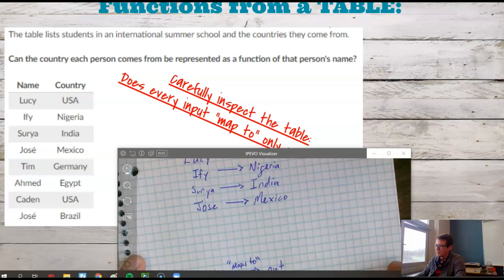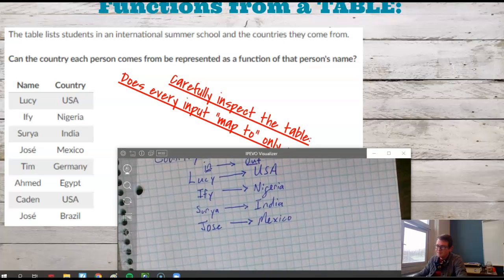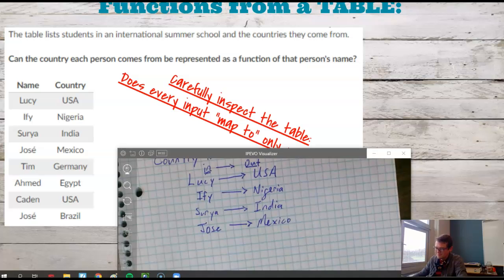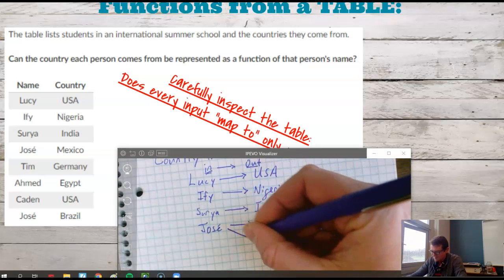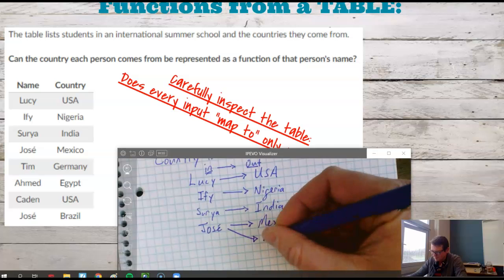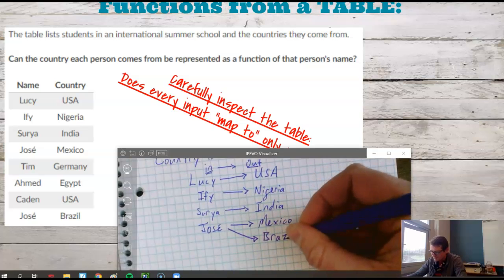Adam, would you like to volunteer to explain to us why this is not a function? This one is not a function because it's a little hard to notice because it only happens once. Jose is repeated twice. And on the bottom, the country is Brazil, and here it's Mexico.